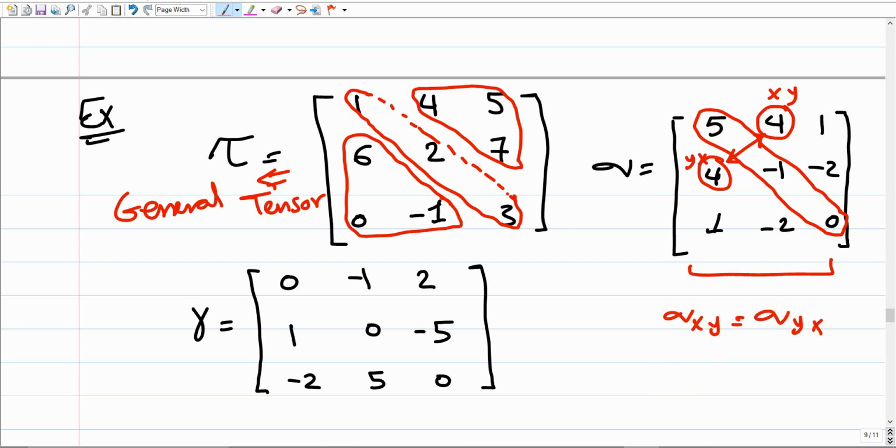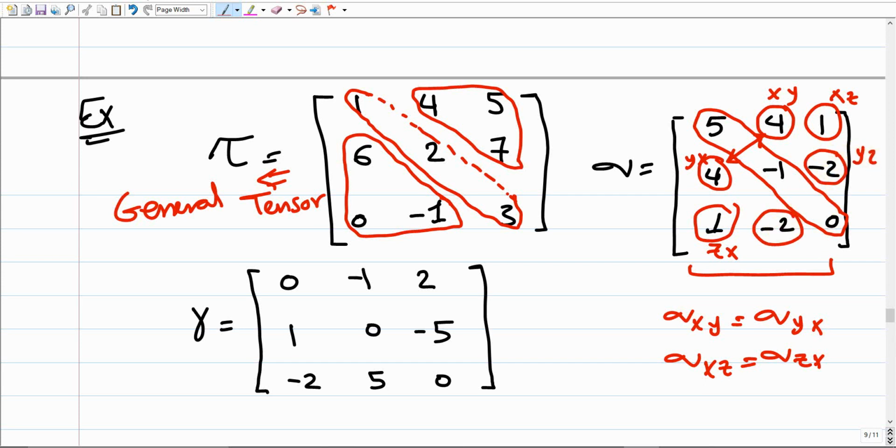Here also, this is the zx component, and this is the xz component, they are identical. It means that the sigma xz should equal the sigma zx. And this component is identical to this component. This is the yz component and the zy component, they are identical.